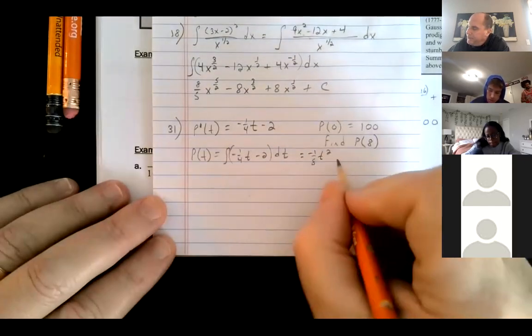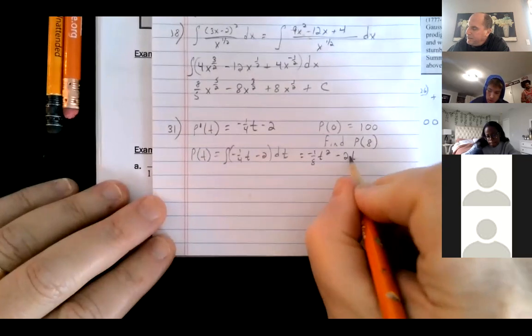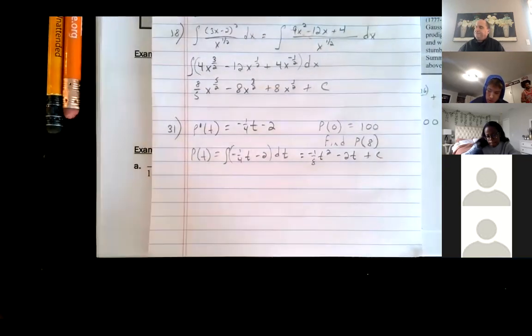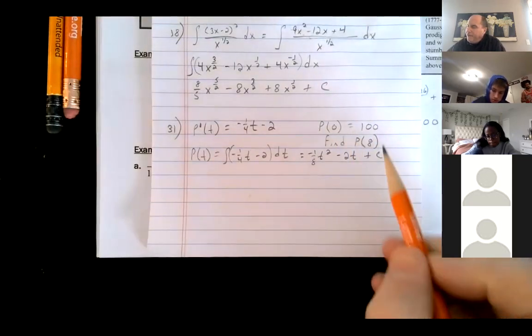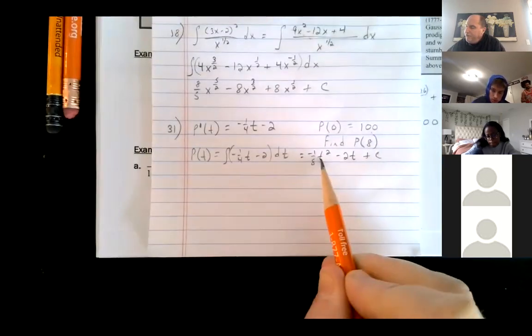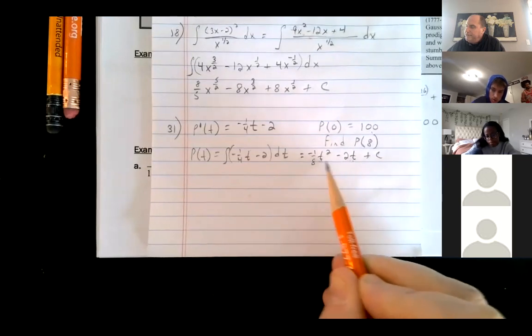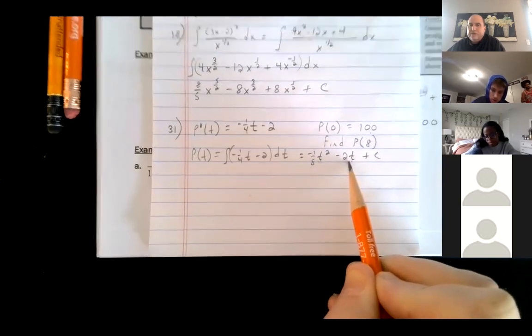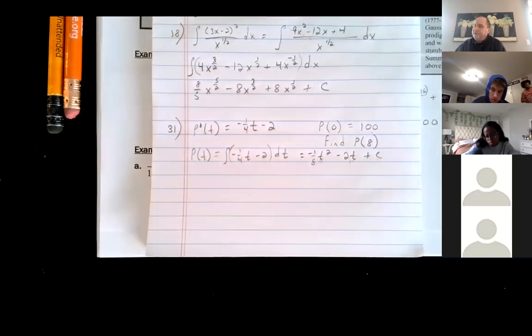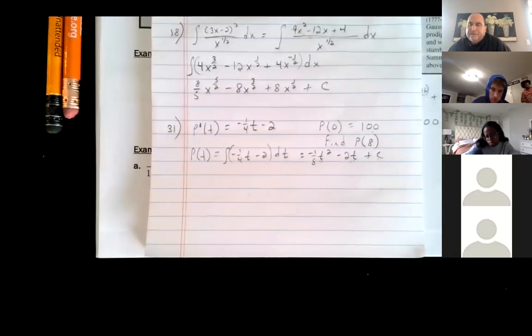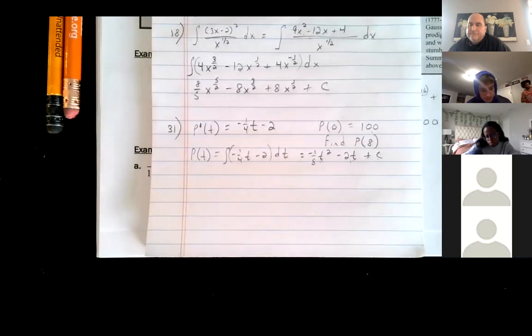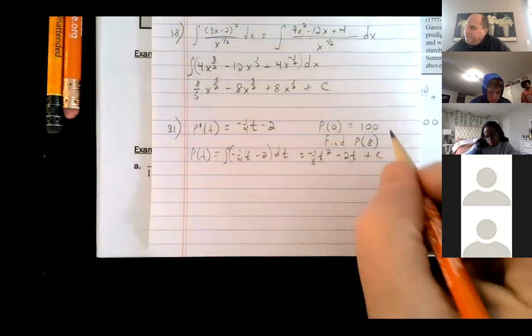And then negative 2t plus a constant. So if P of 0 is 100, if I put 0 in for both of these t's, what am I going to get for my constant of integration? 100. 100, that's right.